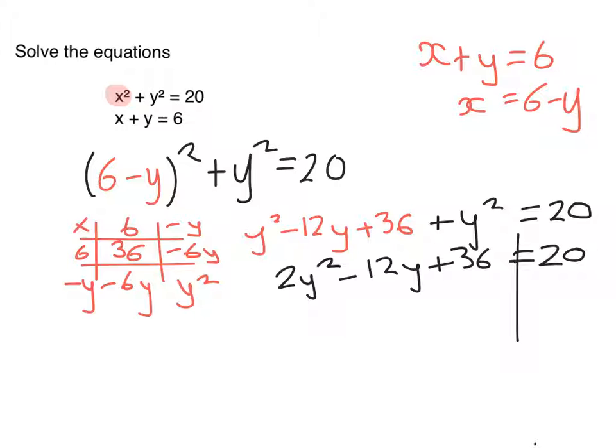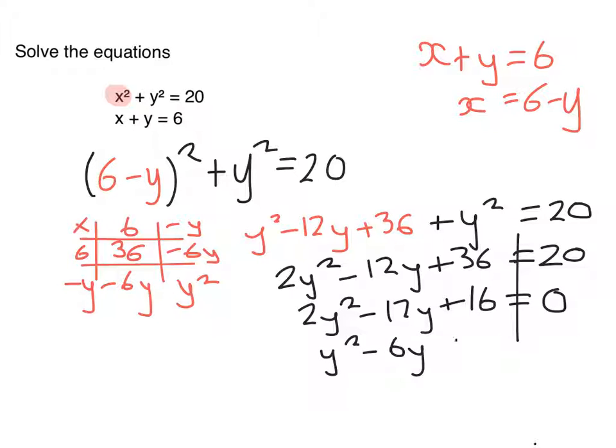Do the balance method, take away 20 from both sides. 2y squared minus 12y, 36 take away 20 is 16, is equal to 0. Now, because all of these are even, I'm going to divide both sides by 2, so I've got y squared minus 6y plus 8 is equal to 0.